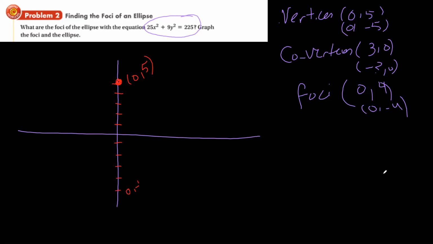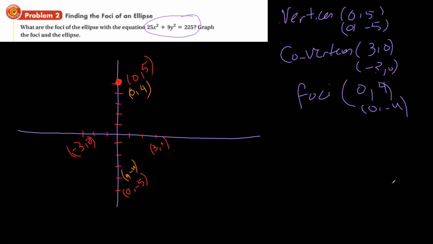So it is 0, negative 5. Now, the co-vertices are on the x-axis. Here was 3, 0, and negative 3, 0. Now, the foci. We know that the coordinates of the foci are 0, 4. So it is here, and negative 4 is here.